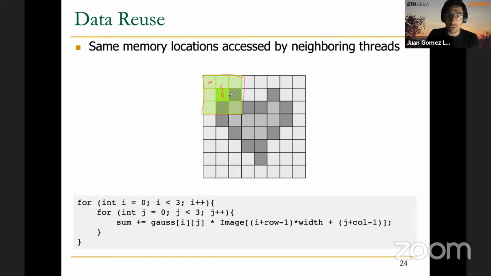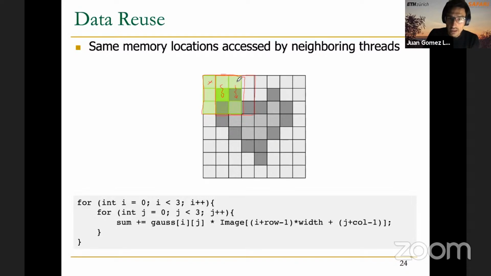And as I said, we assign one thread per pixel, so another thread performs a similar computation for this pixel here. The surrounding window of size 3 by 3 is these 9 pixels that I'm surrounding with the square.